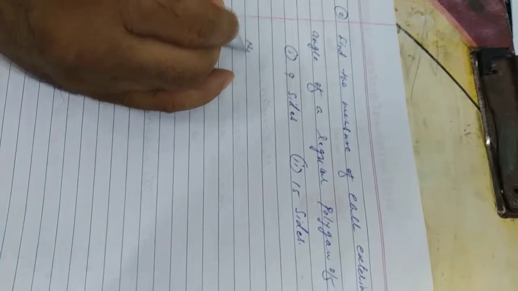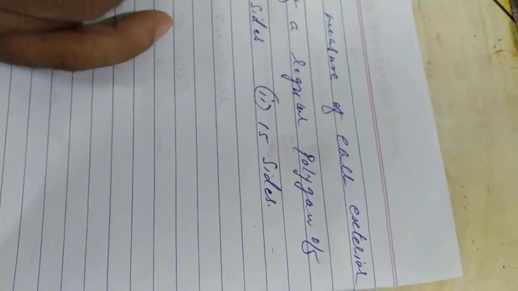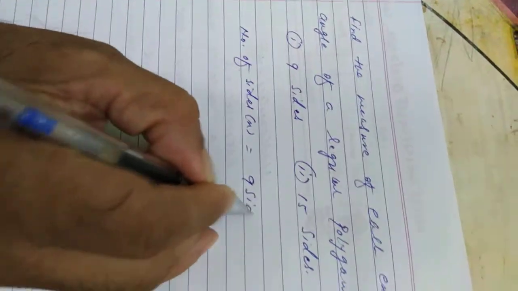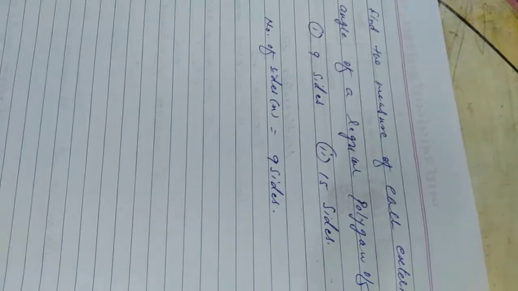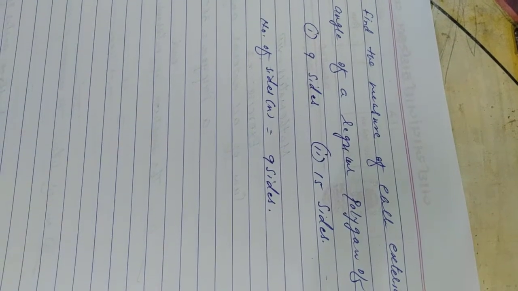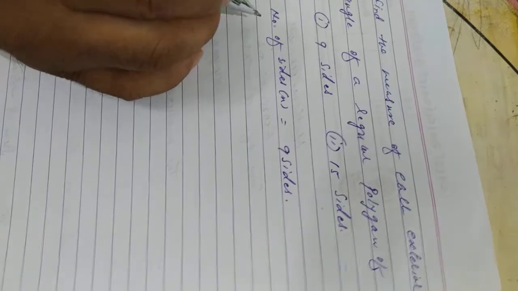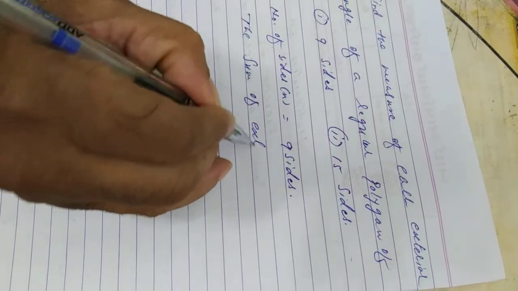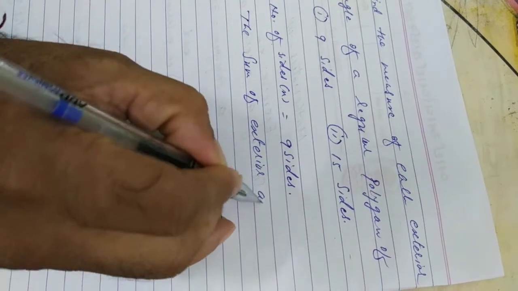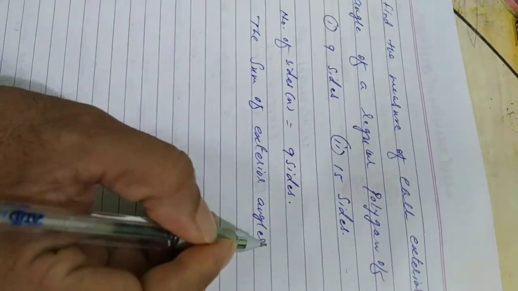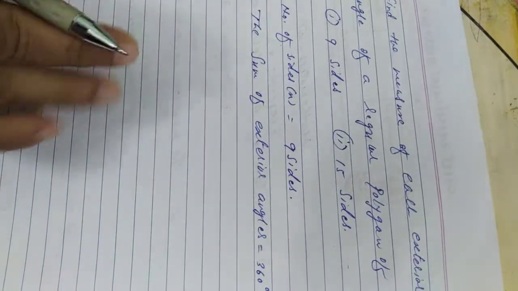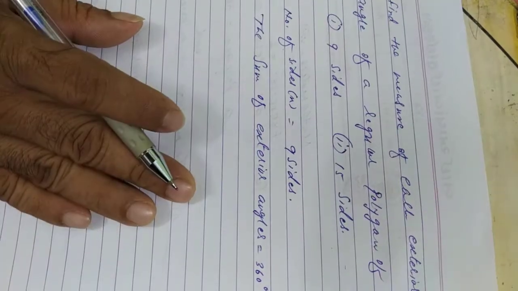Now the number of sides. See the first one, the number of sides, n, is equal to how many? 9 sides, right? Then after that, what do we have to do? The sum of exterior angles is equal to 360 degrees, right?